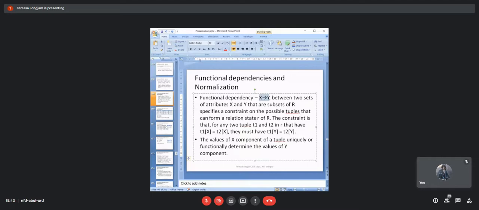So this is one thing you can see from the relational set, and you can determine functional dependency. In another way, the value of x component of a tuple uniquely or functionally determines the value of y component. That means if the value of x is unique for each and every tuple, then it will be able to determine all the values of y. Means if y has all the other remaining attributes, then it is going to be true.